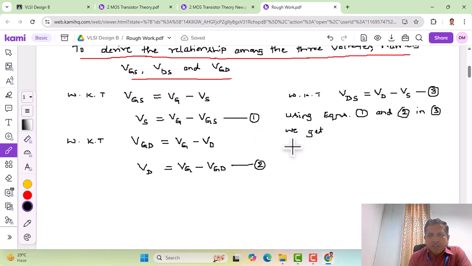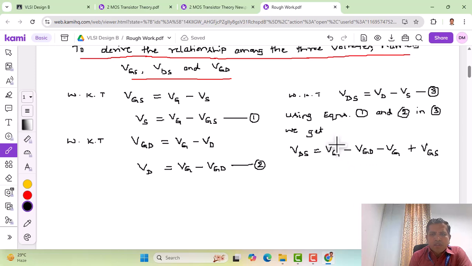VDS equals VD, which from equation 2 can be written as VG minus VGD, and this minus is as it is. VS is from equation 1, which is VG minus VGS; minus of this becomes VG plus VGS.